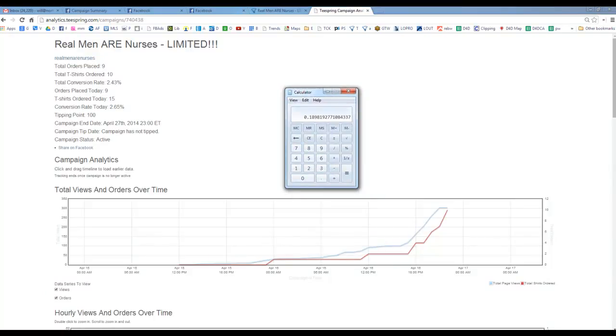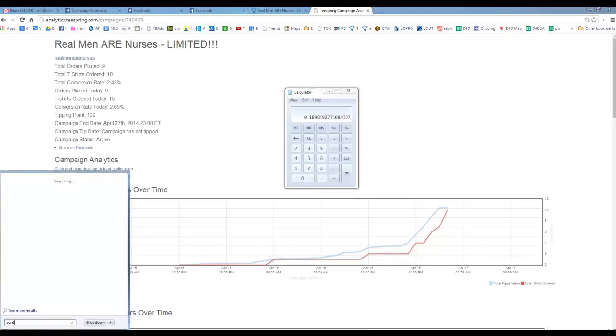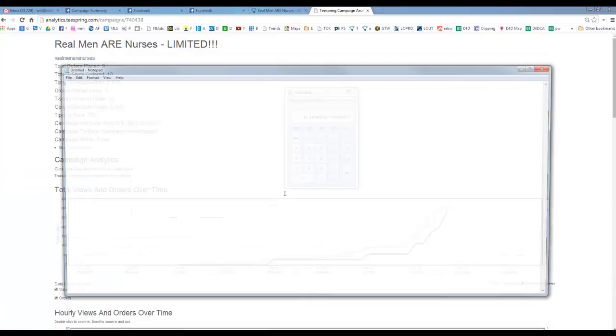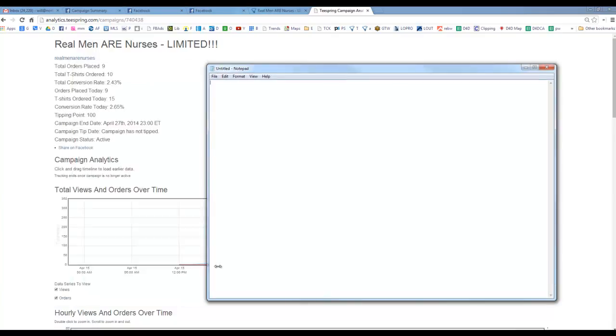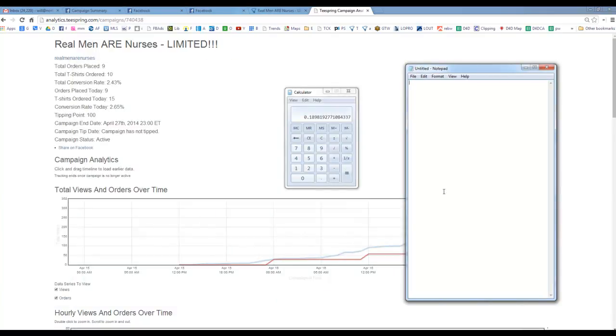Is there a scratch pad that I can use? Why don't I just put it on a notepad? Let's just do this. So let me run something here. 2.65% is our conversion.